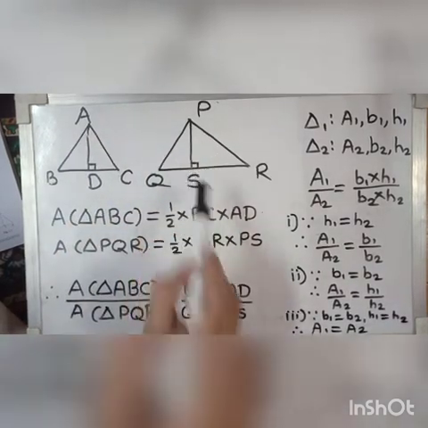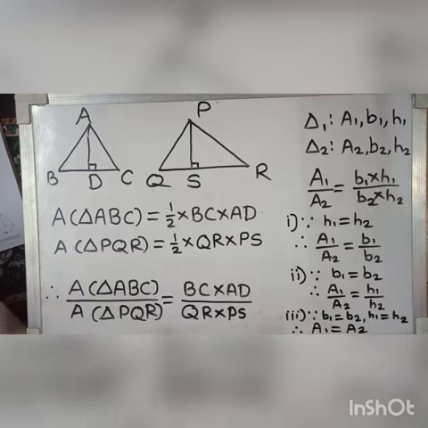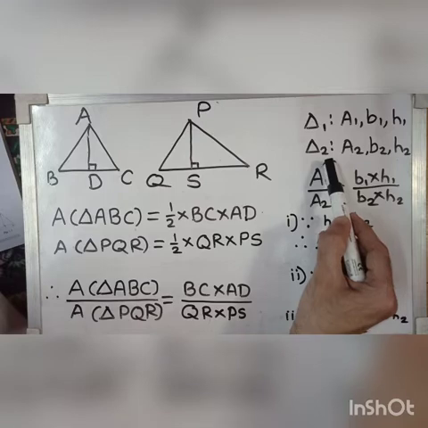AD and PS are corresponding heights. Therefore, the ratio of areas of two triangles is equal to the ratio of product of their corresponding bases and corresponding heights.